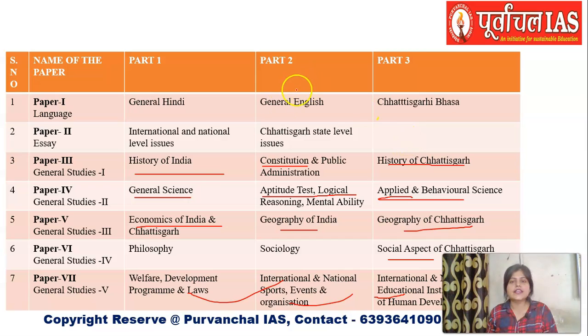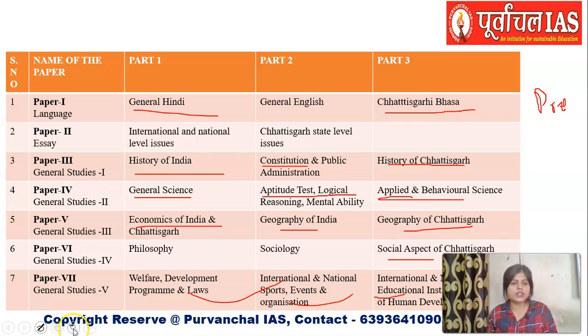All of these, and even general Hindi and Chhattisgarhi, are parts of the prelims exam also. These are the parts of the preliminary examination of Chhattisgarh. That means these are all overlapping topics. Do you see how many overlapping topics you have?